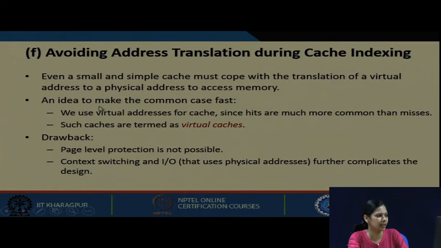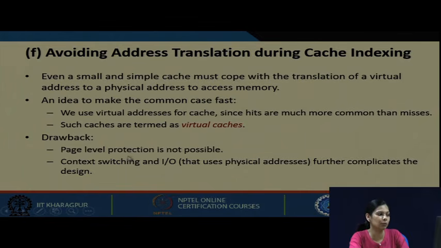So, as an idea to make the common case fast, what can be done? We use virtual addresses for the cache, since hits are much more common than misses. Such caches are termed virtual caches. So, we will have virtual caches in place to make the common case fast. But what is the drawback then? We are saying that we will not be having a translation, rather we will be extracting the address from the logical address only.